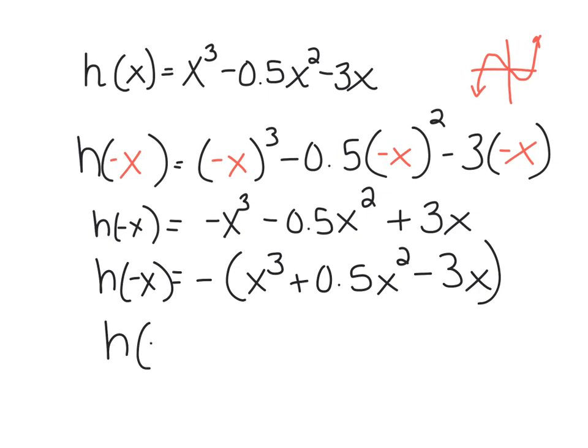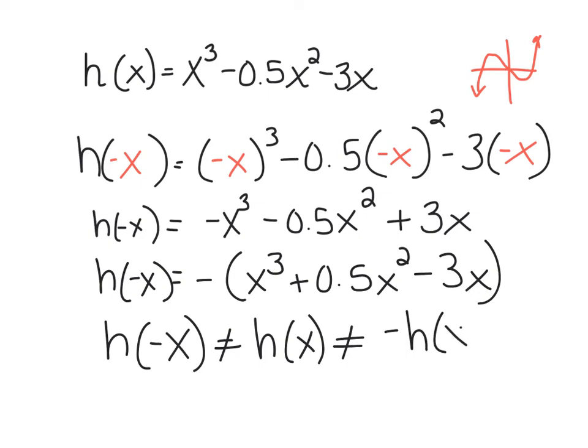Nope. So I'm going to say h of negative x does not equal the original h of x, nor does it equal the opposite of h of x. Therefore, it has neither even nor odd symmetry.